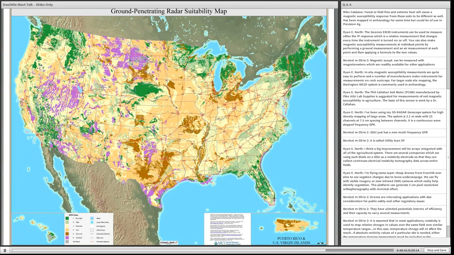It's a broad brush attempt. It shows general conditions, but the actual suitability will depend on your application, the target you're looking for, and what equipment you have. This can give you a general view of the United States and of where and in what regions radar is best suited.